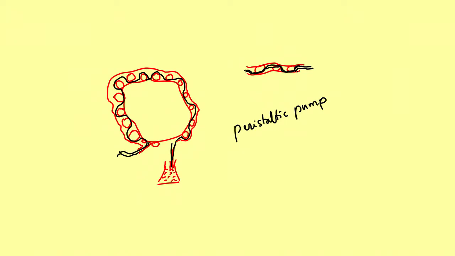Sometimes the liquid is either very precious, or it should not be contaminated, or it is very difficult to handle. In such cases, we use peristaltic pumps. The beauty of peristaltic pumps is that the liquid does not come into any material part of the pump.